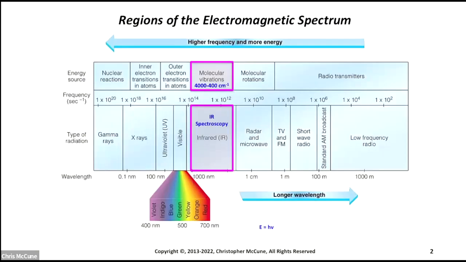All right, so the region of the electromagnetic spectrum that is relevant to the IR is the IR region here highlighted in pink. And the type of energy that this allows is for molecular vibrations.